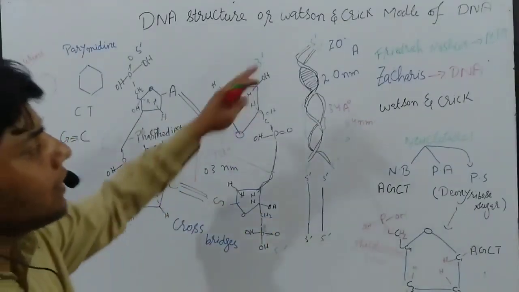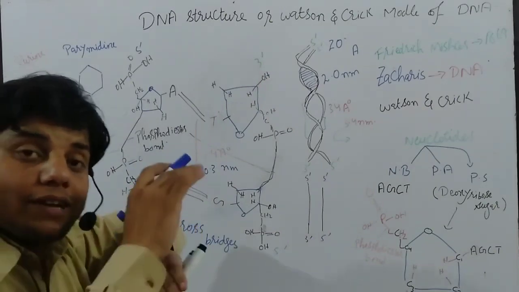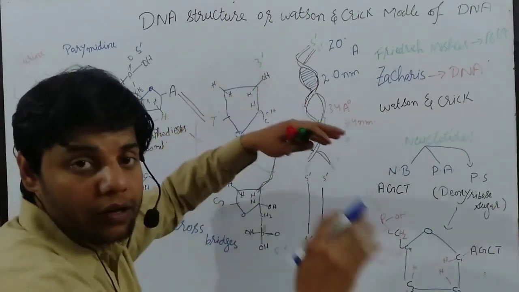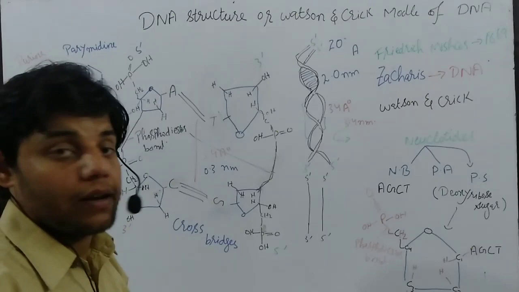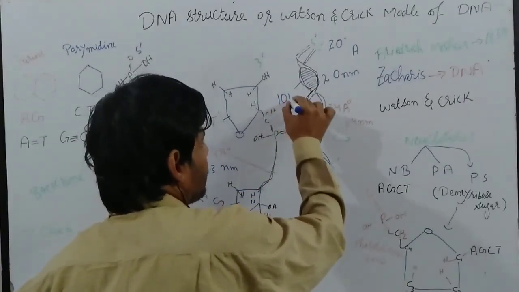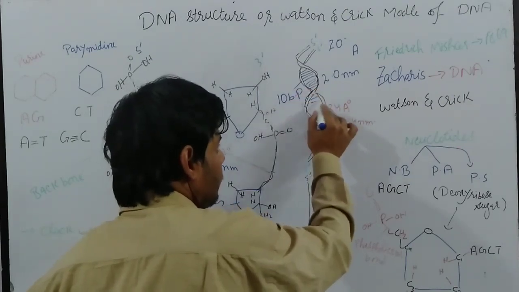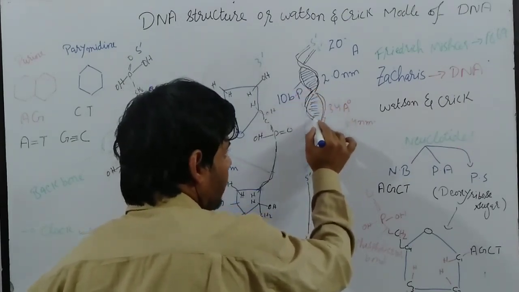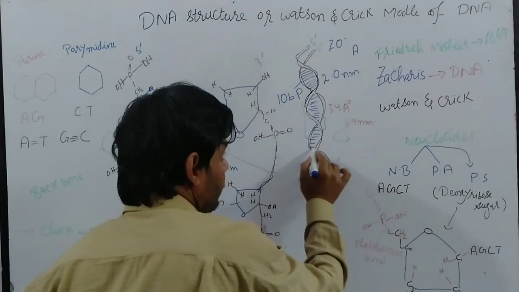So they have 10 nitrogenous bases in one turn, 10 base pairs in one turn.